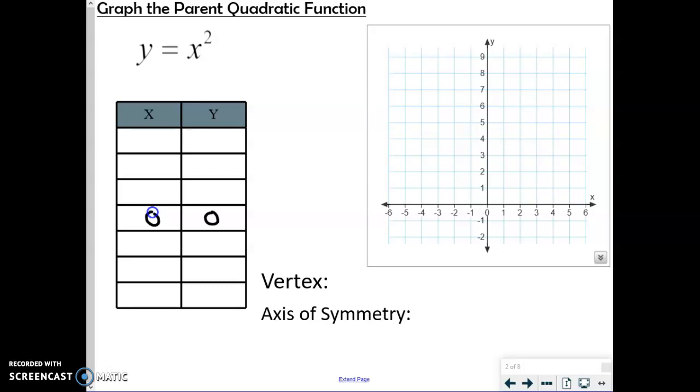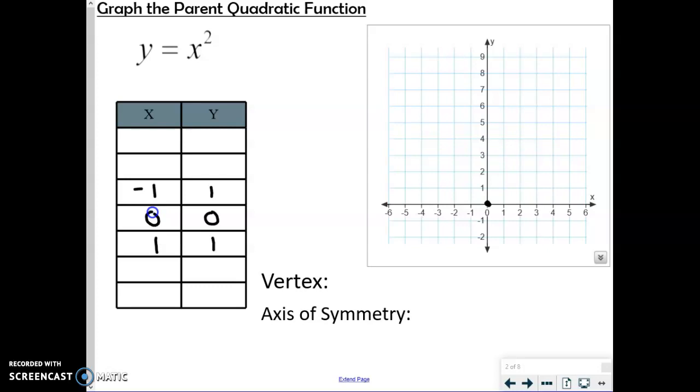Now with our U-shaped picture here, we're going to have two equal sides to the parabola. So if we take a look at this, going left and right of our vertex, which if we graph it is right here at the origin, 0, 0. If we go to the left to -1 and to the right to positive 1, the outcomes are always going to be the same because they are a mirror image of one another. -1 squared is 1 and 1 squared is 1.